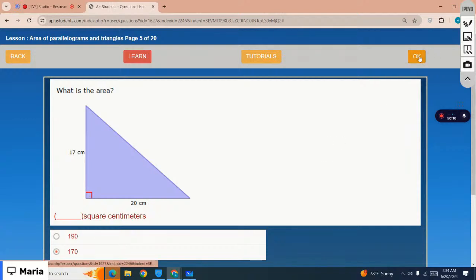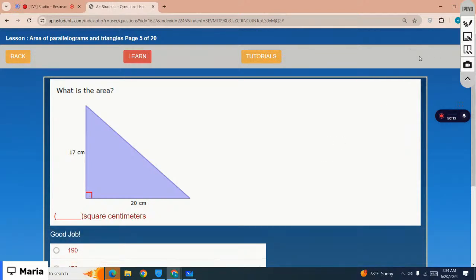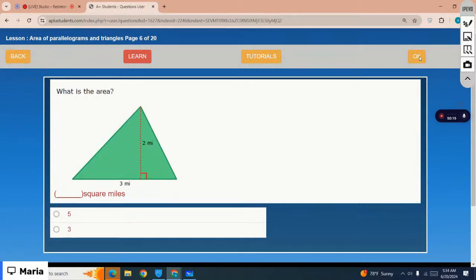Option number 2 is the correct option. What is the area? Which is the correct option?